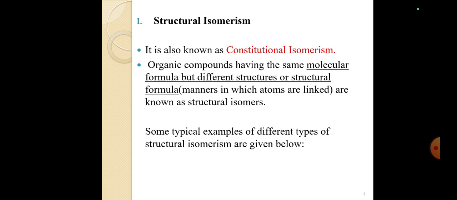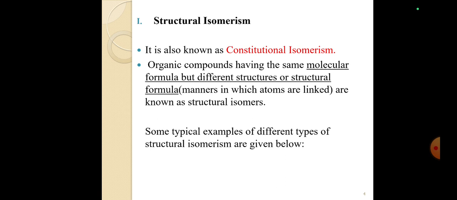So what is the difference between molecular formula and structure? Structure means it can be an extended chain, cyclic compound, or aromatic ring, which we have discussed in the previous lecture. And molecular formula represents the number of atoms, carbons, hydrogens, or any other element present in your organic compound.